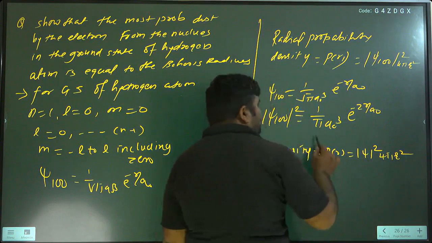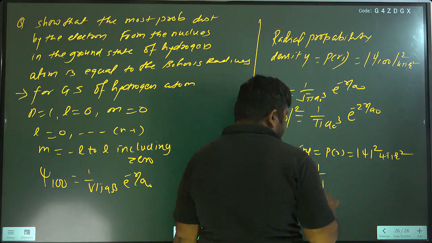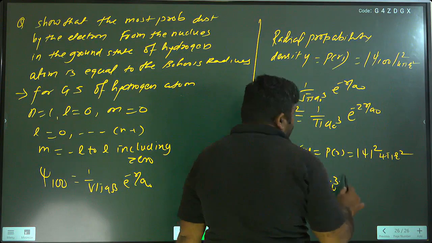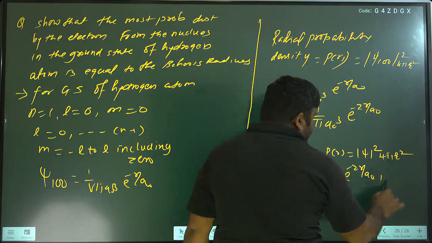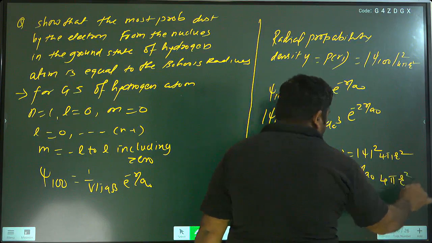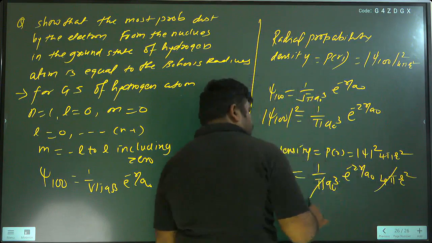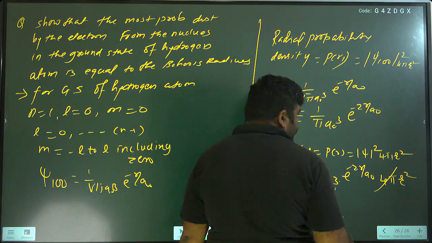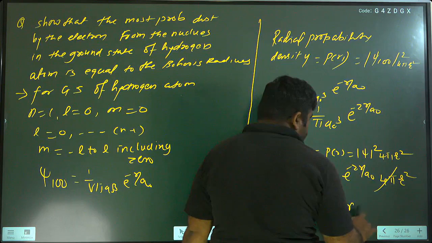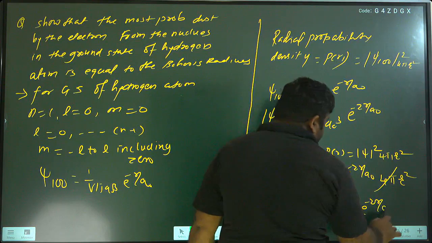Okay, what is the mod psi square? Mod psi square is 1 upon pi a naught cube into e to the power minus 2r upon a naught into 4 pi r square. Okay, pi gets cancelled. This is equal to how much? 4 upon a naught cube into r square e to the power minus 2r upon a naught.